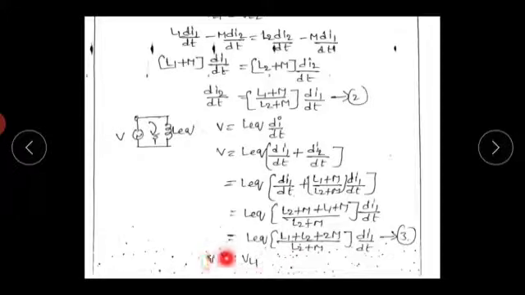By using the relation V equals VL1, we can write, first, V equals L equivalent into (L1 plus L2 plus 2M) by (L2 plus M) into di1 by dt, and VL1 equals L1 into di1 by dt minus M into di2 by dt. So substitute di2 by dt here.